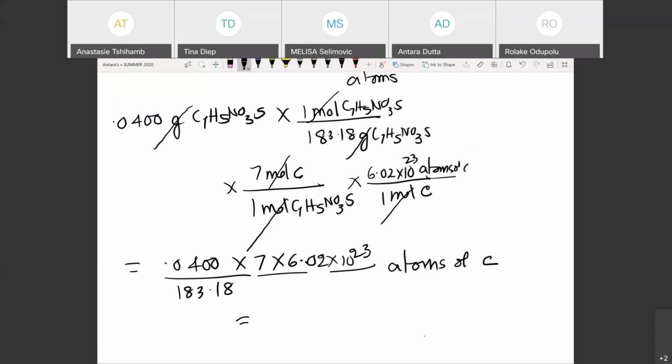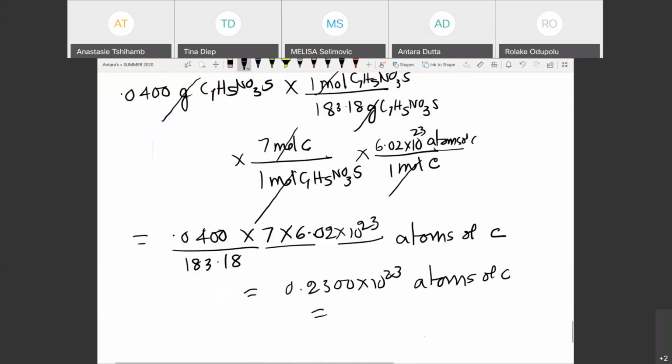So 0.0400 divided by 183.18 times 7 times 6.02. So I got 0.2300 times 10 to the 23 atoms. So if I write in conversion, how many significant figures? 3.